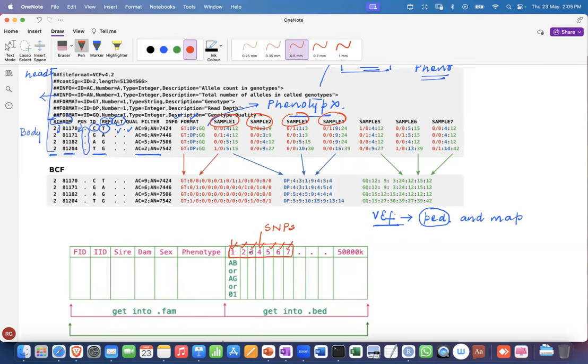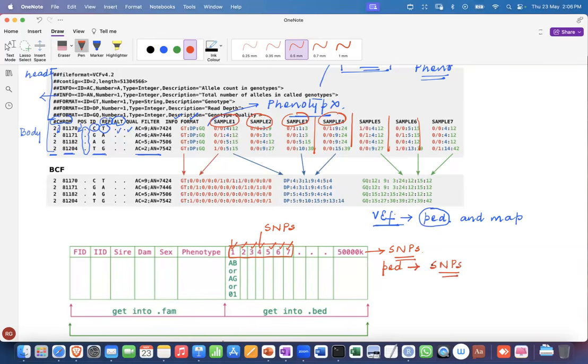This 1, 2, 3, 4, 5, 6, 7 are nothing but your SNPs. Is that clear? Remember, that is the major difference. You have samples as columns in the VCF file, whereas here in the PED file, you will have SNPs as columns.